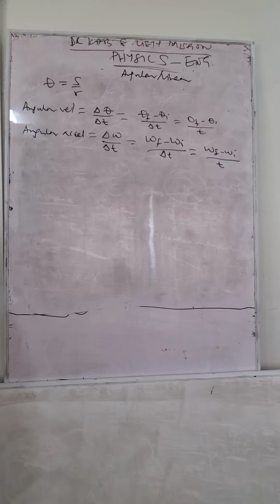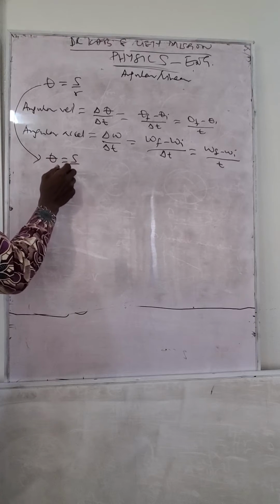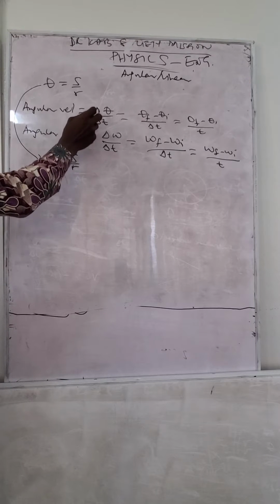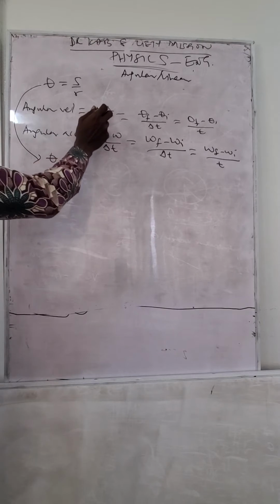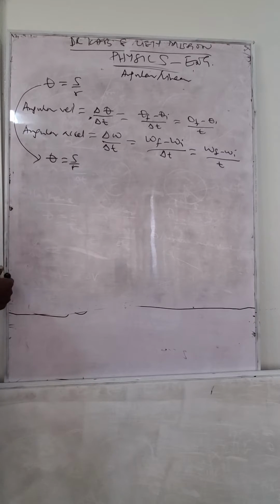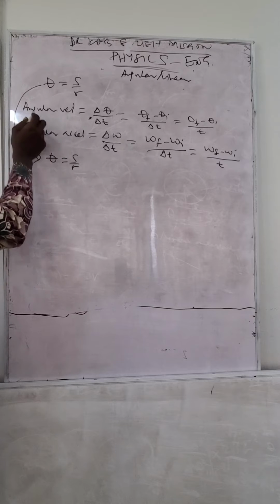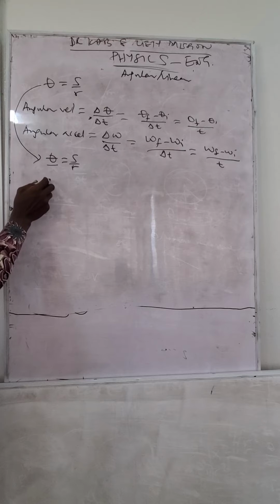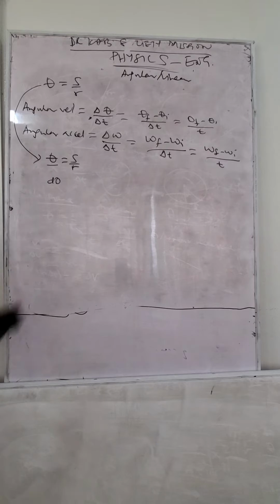From here, theta is equal to s, distance, over r. Let's look at this expression, change in theta over change in t. If we want to, we can have an expression like this so that it will convert this equation to angular velocity. Let me put it this way.